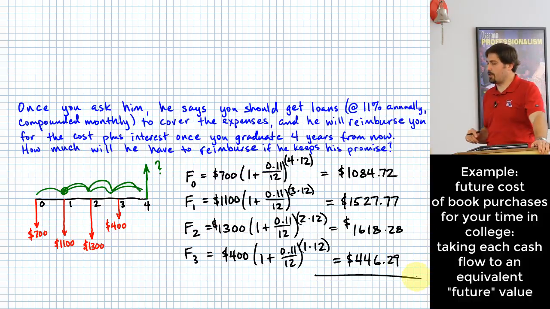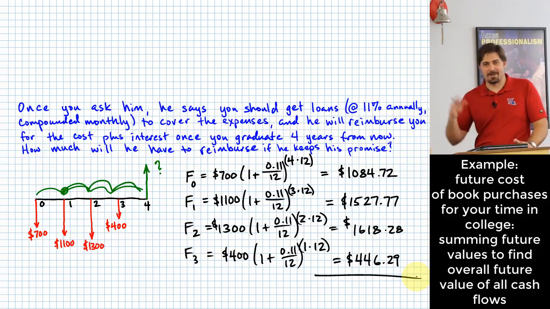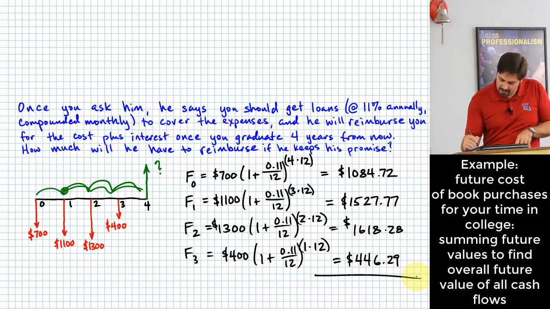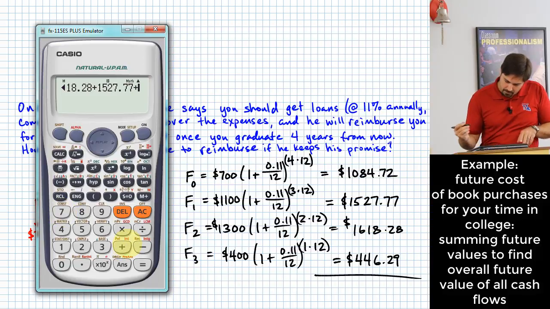And let's figure out how much all this is going to cost your grandpa. Of course, he can keep his money in an account until then, right, to be able to pay you, but maybe he doesn't have the money. So anyway, how much is going to cost you down the road here a ways? It will be that 446.29 plus 1618.28 plus 1527.77 plus 1084.72.